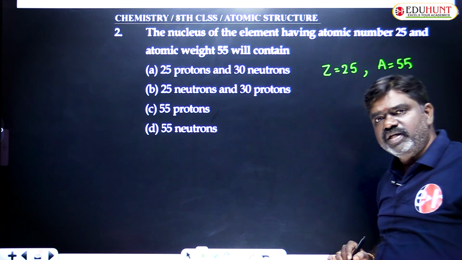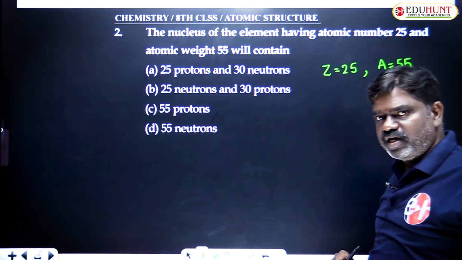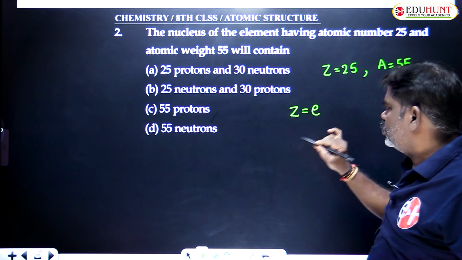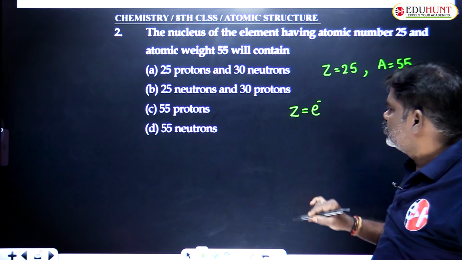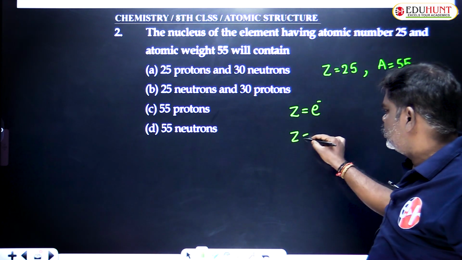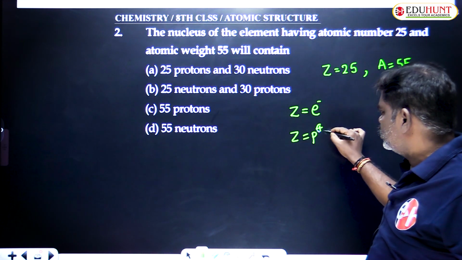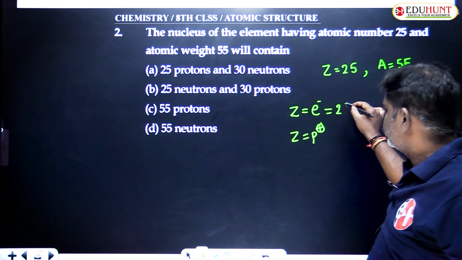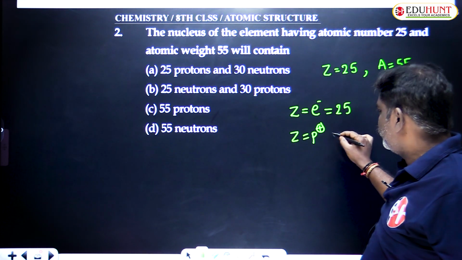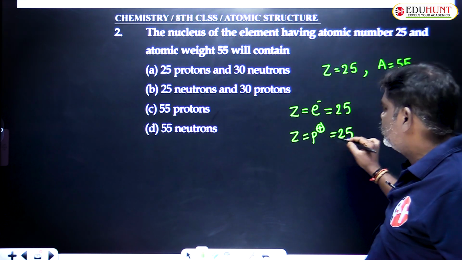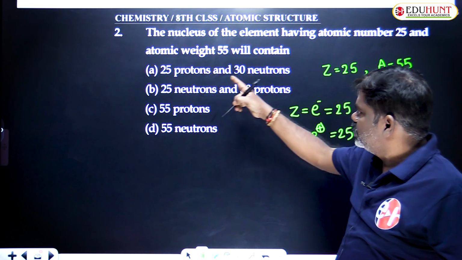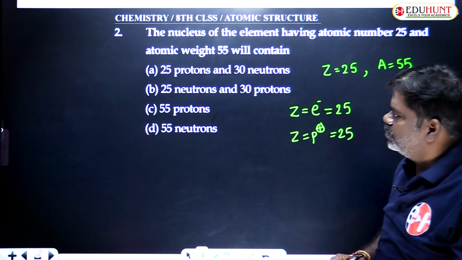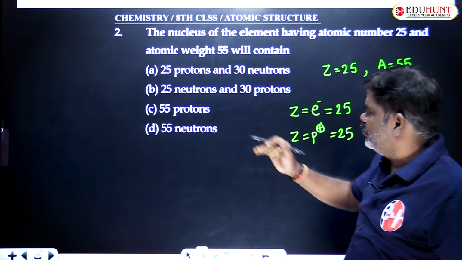We know that based on atomic number we can calculate the number of electrons. Atomic number Z is equal to the number of electrons, and also atomic number Z is equal to the number of protons. What is the number of electrons? 25. And the number of protons? 25. Here the options are 25 protons and 30 neutrons, 25 neutrons and 30 protons, 55 protons and 55 neutrons.